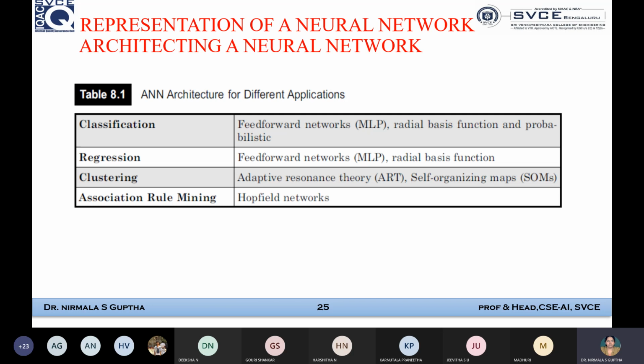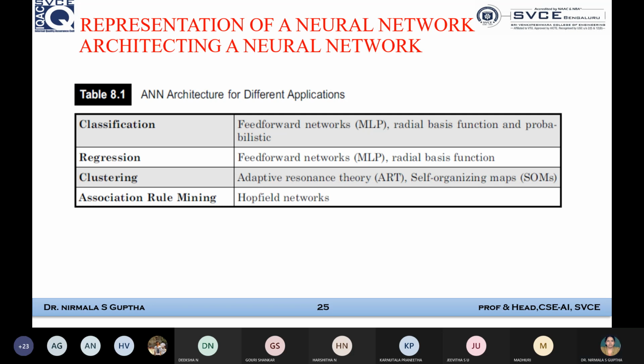Most of the data mining platforms offer at least one MLP, that is multi-layer perceptron. MLP stands for multi-layer perceptron algorithm, which helps us to implement an artificial neural network.